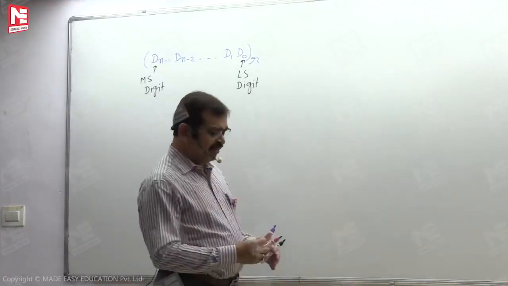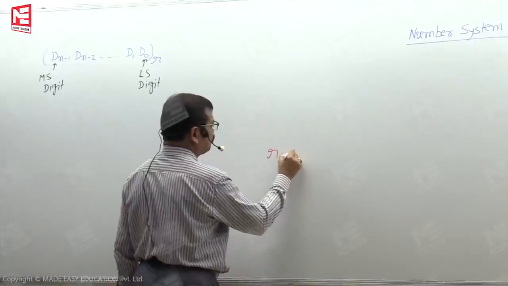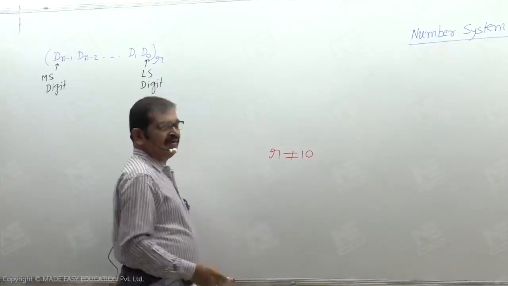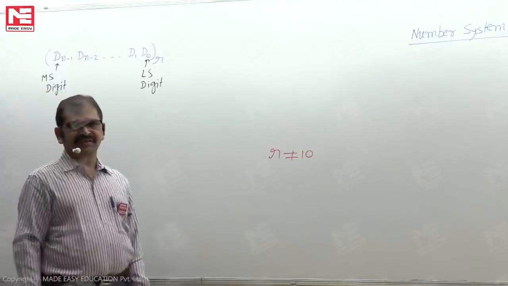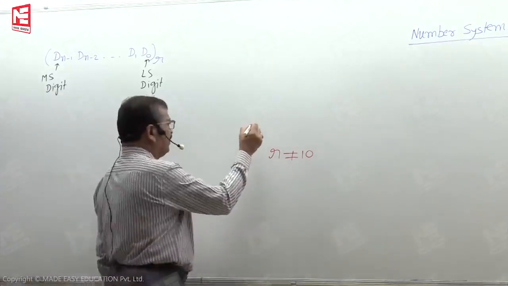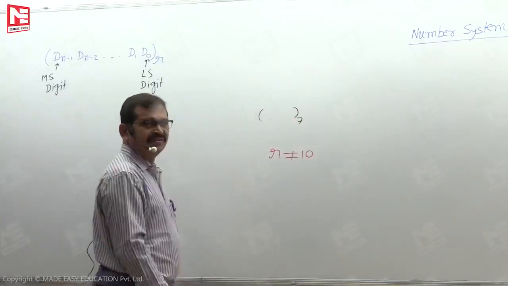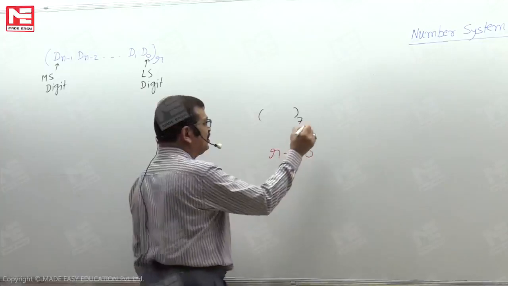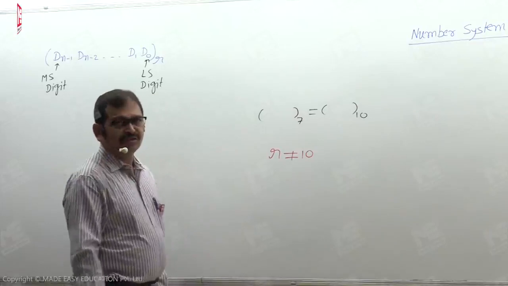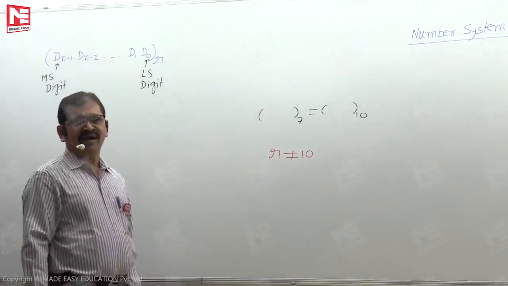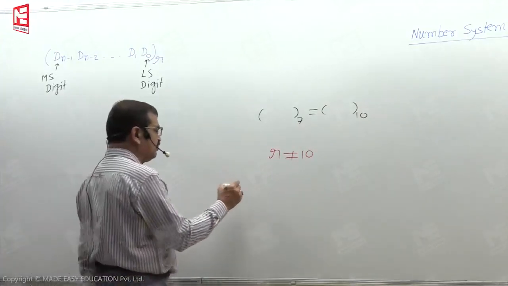Whenever the given number is having the base, that is the radix, which is not equal to 10, for such numbers generally we are interested to look at what is its equivalent decimal value. Say for example, we are having a given number with the base of say 7. So to read its equivalent decimal value, whenever we are having a radix which is not equal to decimal 10, we are using a polynomial equation.